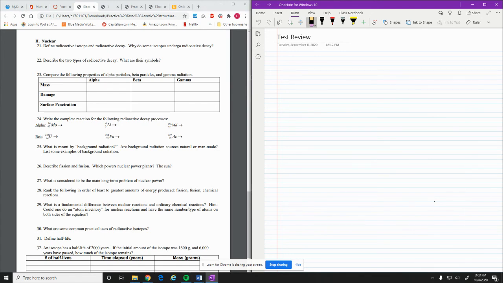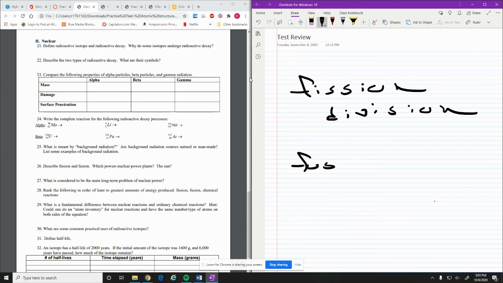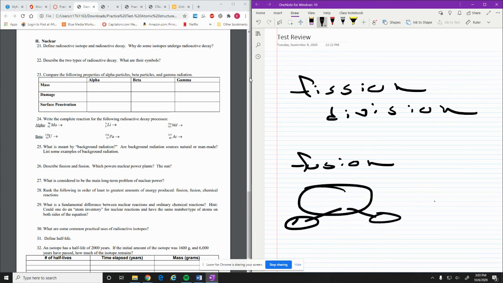Describe fission and fusion. Which nuclear power plants use? The sun. Okay. So fission. When you see fission, think division. And when you see fusion, I like to think of it as Dragon Ball Z, right? Two things coming together, forming that, and then division, two things separating apart.